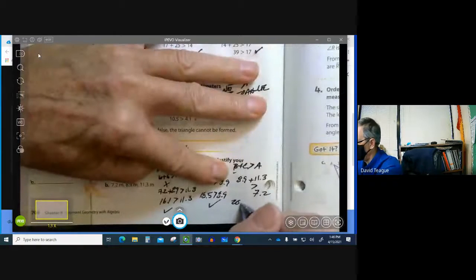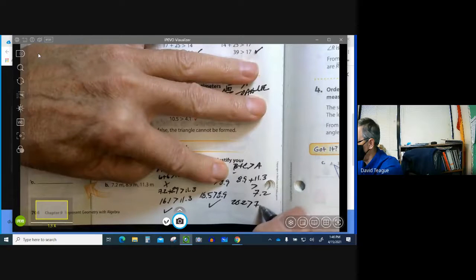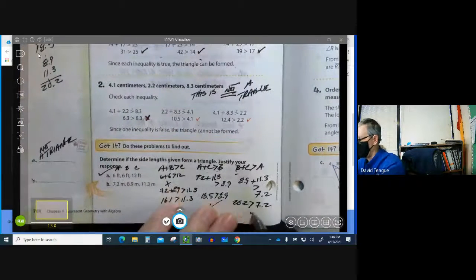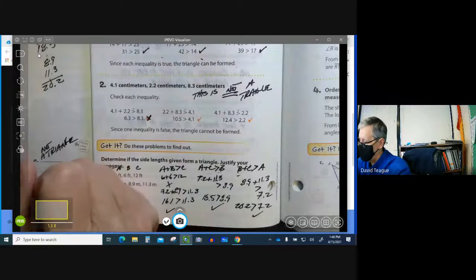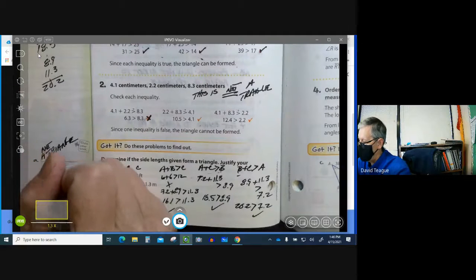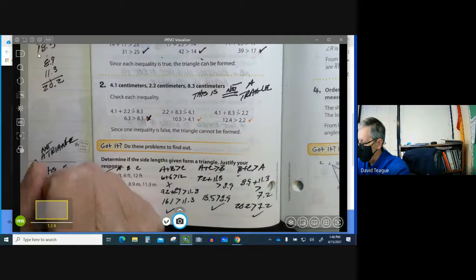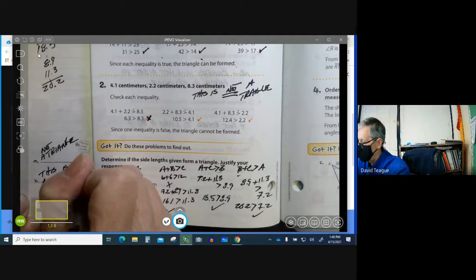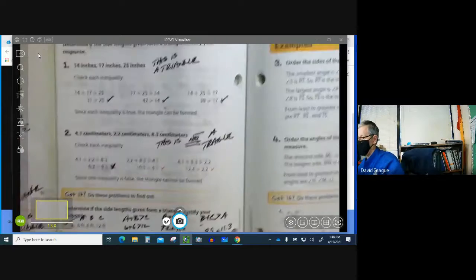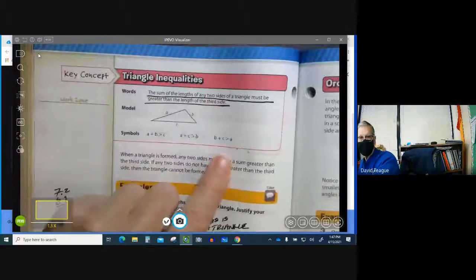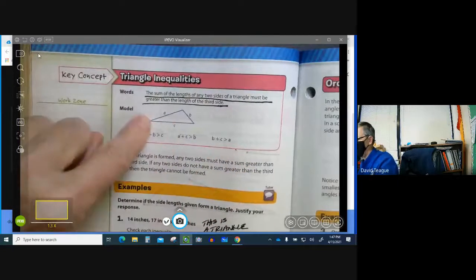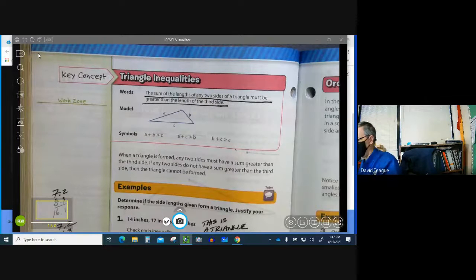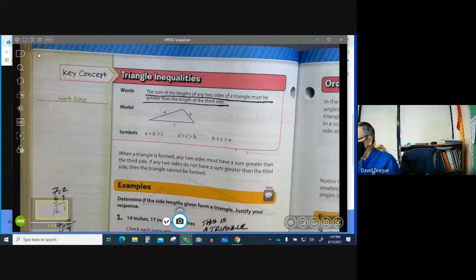So 20.2 is greater than 7.2. Yep, that's correct. So B is a triangle. Okay? So when you satisfy these three inequalities, you have a triangle. If one does not work, it's not gonna work.